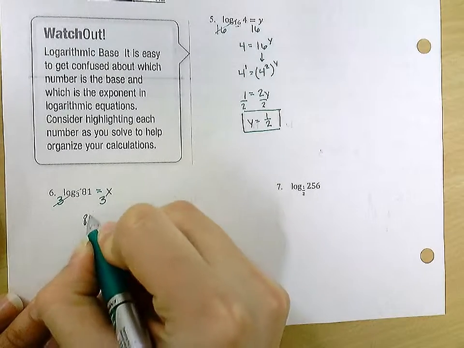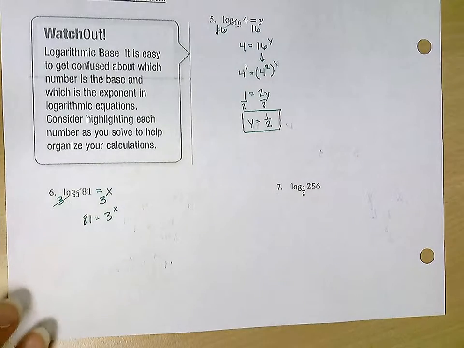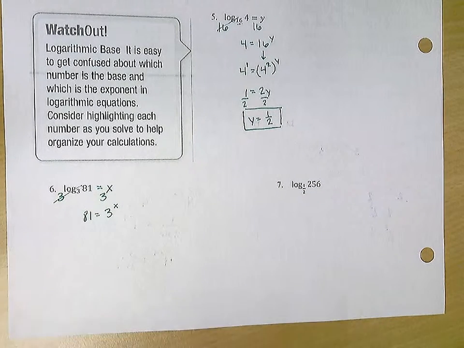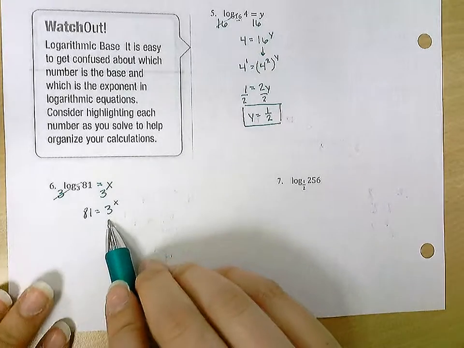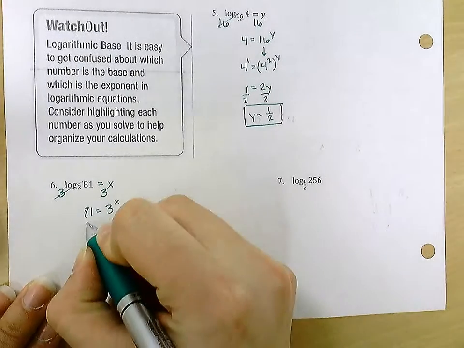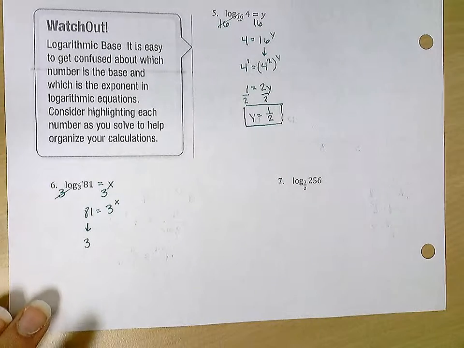And I end up with 81 is equal to 3 to the x power. Now my base of 3 I can't really manipulate, but I can this base of 81. So I need a base of 3 from 81. 3 to what power is 81?